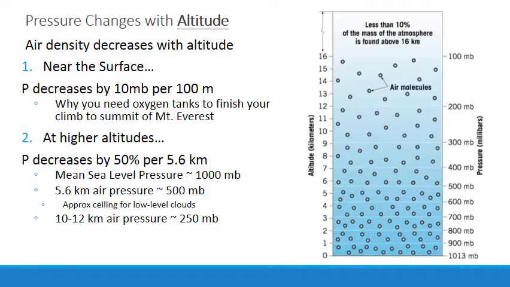Just as you experience a decrease in water pressure as you rise from the bottom of the pool, there's a decrease in the air pressure as you ascend from the ground surface into the atmosphere. What you're actually experiencing is a change in the density of the air.